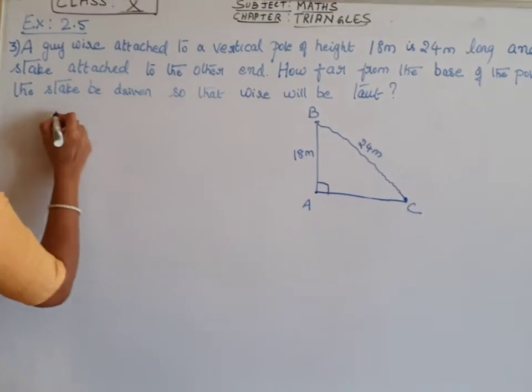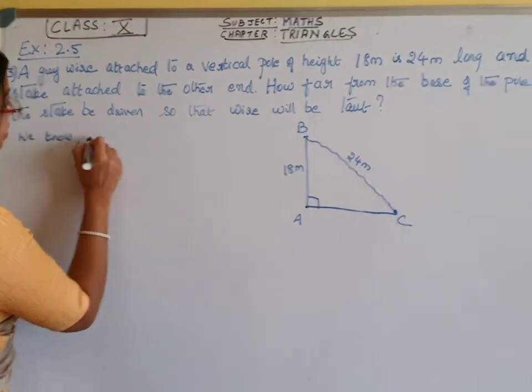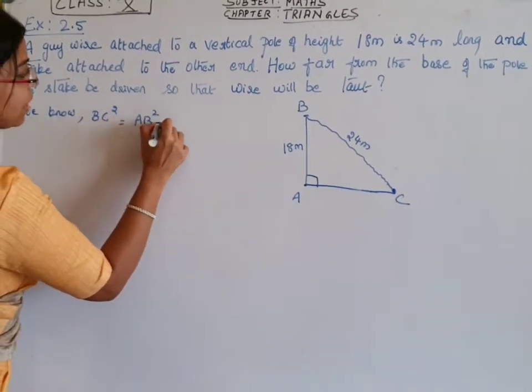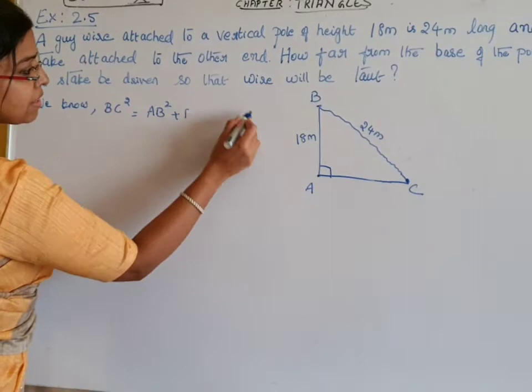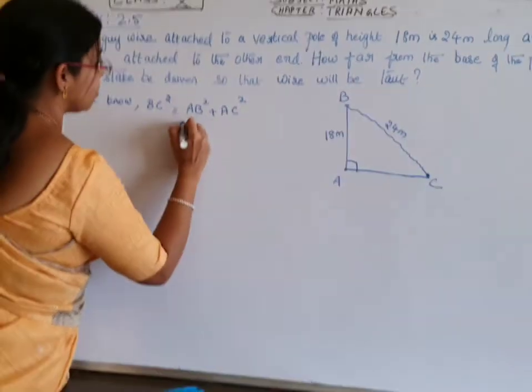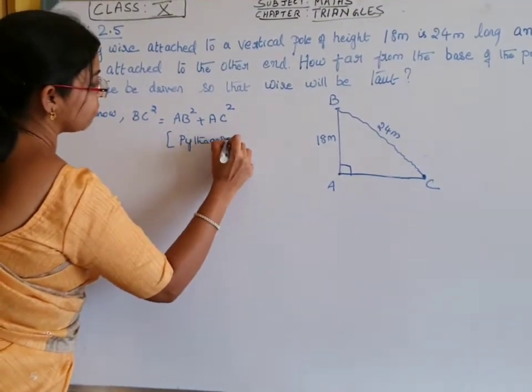We know BC square is equal to AB square plus AC square, because of Pythagoras theorem.